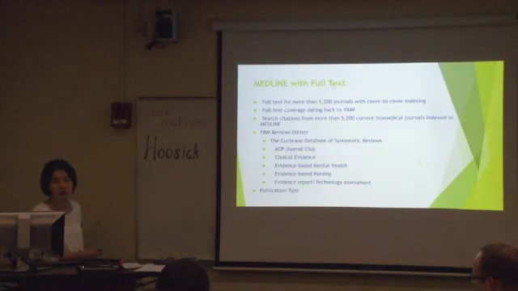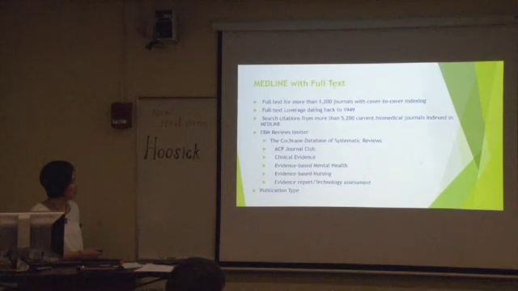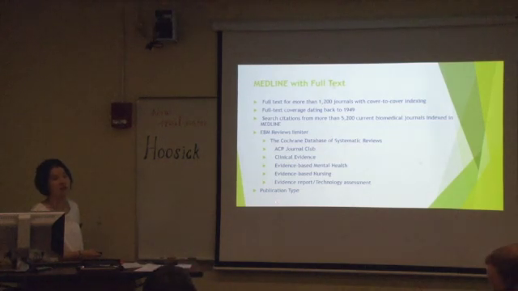This is another journal club that's very well known for evidence-based literature. And then these are journal titles. Evidence-Based Nursing is a journal title. So we search for those. You can also limit by publication type, just like CINAHL, to limit to systematic reviews, randomized control trials, and those kinds of things.